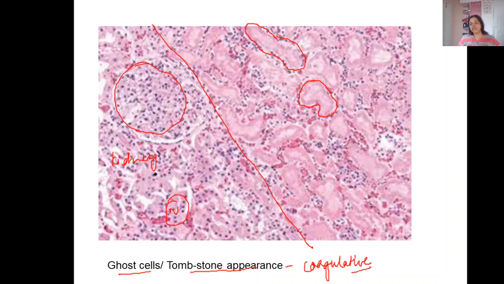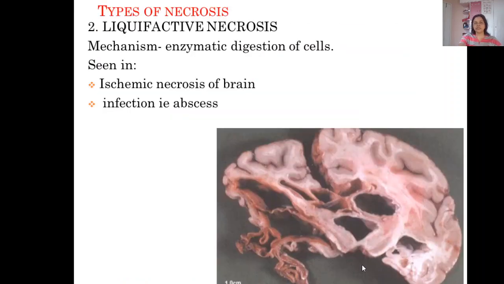Clear about coagulative necrosis? Moving on, we have the second type of necrosis, that is liquefactive necrosis. It is due to the enzymatic digestion of the cells. This is seen most commonly in infection where the tissue is converted into a liquefied thing, that is abscess.